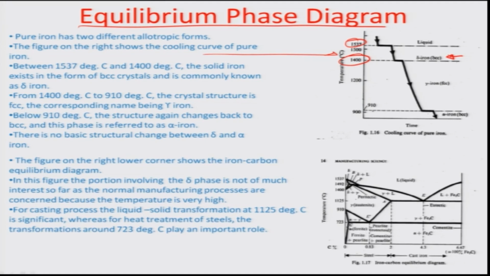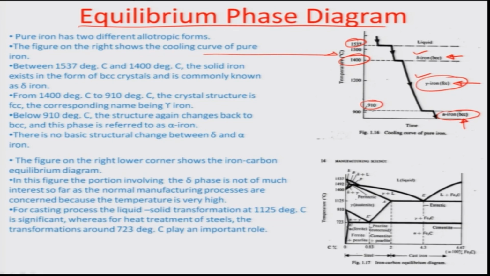Okay. Then between 1400 and 910 degrees Celsius, it again changes to gamma iron. It is known as the FCC or the face centered cubic structure, and then below the 910 limit there is alpha iron, which is again the BCC structure. Okay.